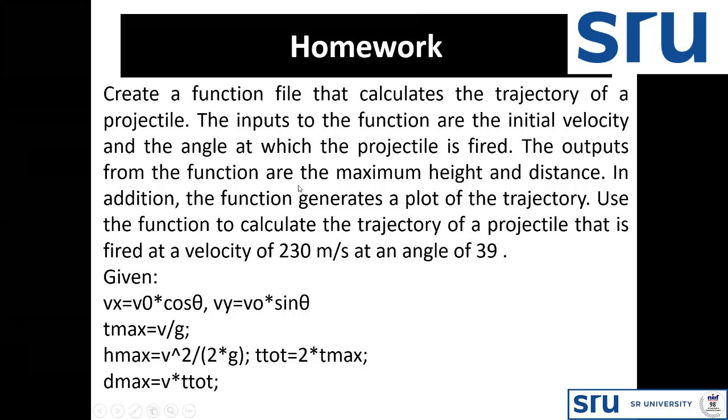The outputs from the function are the maximum height and the distance. You know about the range and the maximum height. Distance is the projectile motion range, and the height is the maximum height achieved. In addition, the function generates a plot of the trajectory. Use the function to calculate the trajectory of the projectile that is fired at velocity 230 and angle.